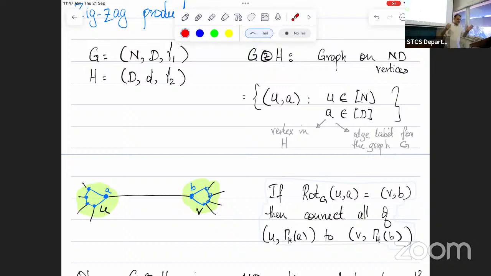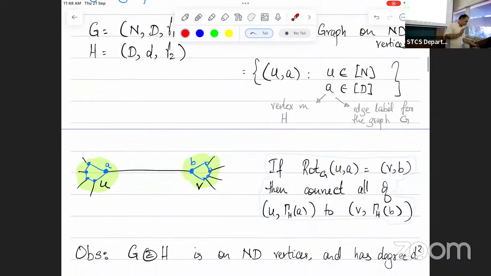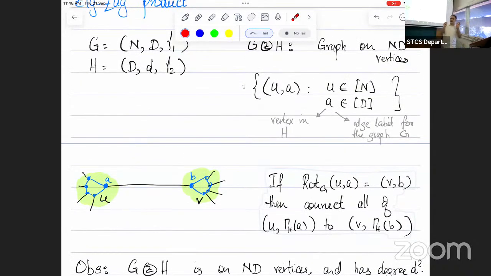Then what are the connections that I'm going to draw? Well, look inside the cloud of U and look at the neighborhood of the vertex A. That's some set of points. Basically I want those two views.